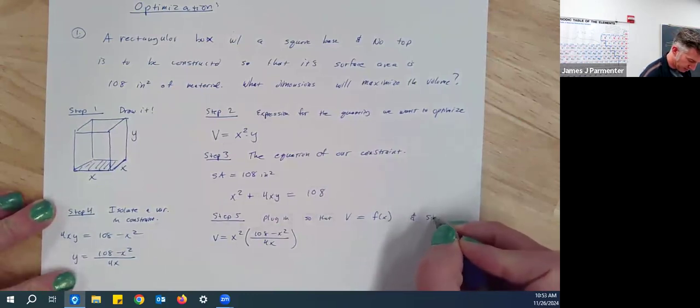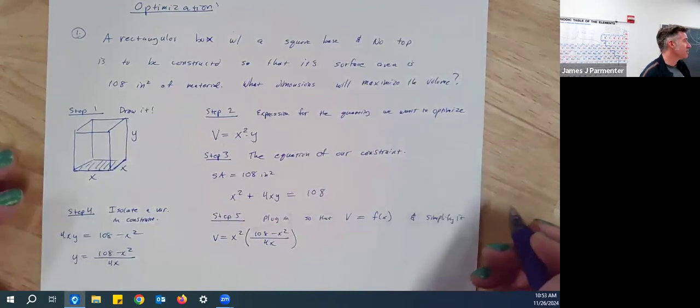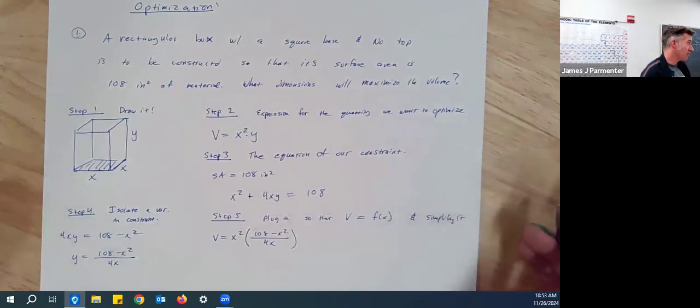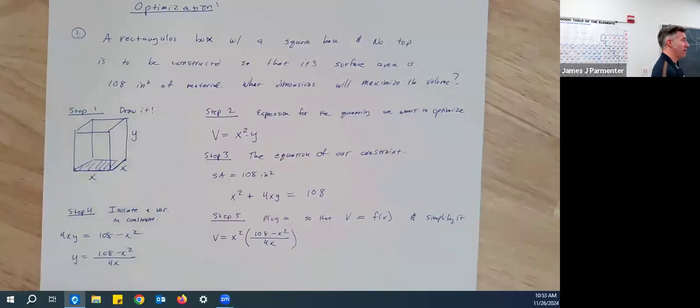And simplify it. Or really make it easier to take the derivative of in the next step. Because our job after this is to try to maximize this thing, which means find its critical values and then see if they give us a maximum.